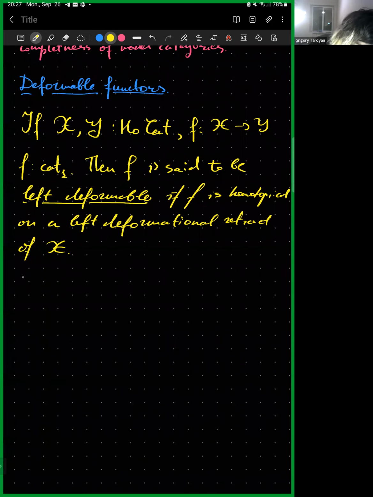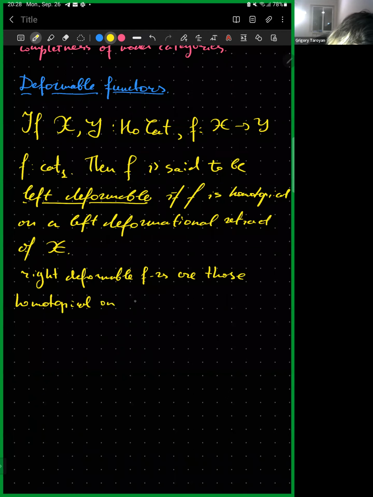And right deformable functors are those homotopical on the right deformational retract of X.